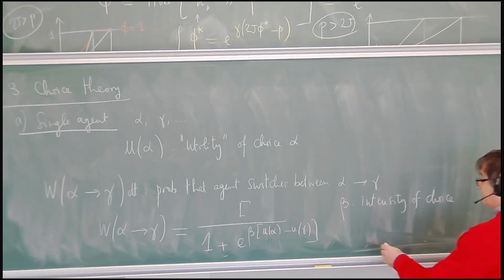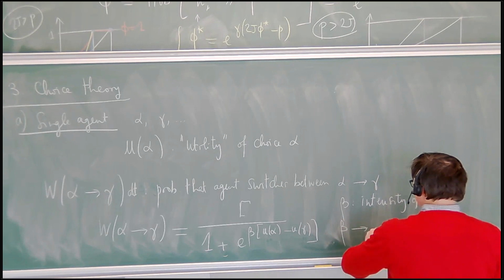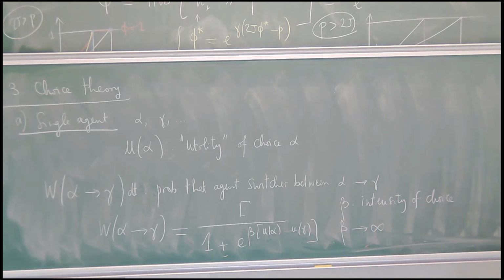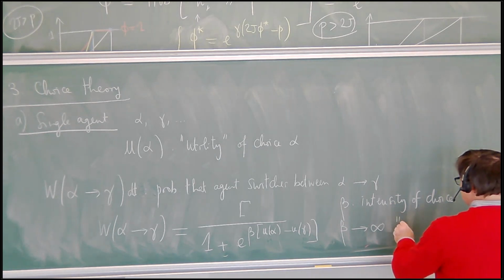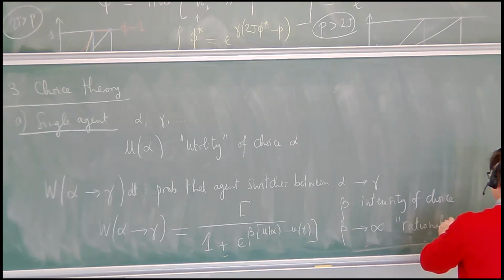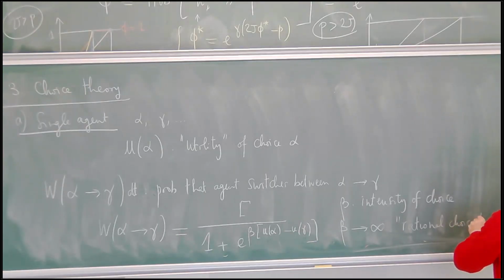So the limit beta goes to infinity, which is the low temperature limit in physics, corresponds to rational choices. Rational in the sense that if the utility of gamma is less than the utility of alpha, you don't pick gamma, you stick to alpha. Or maybe you stick to a better situation.